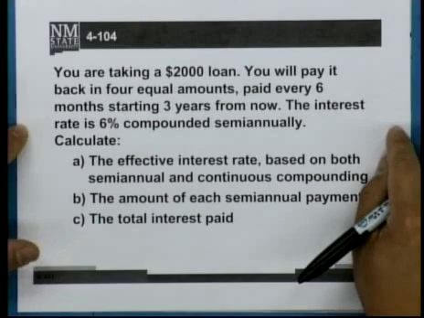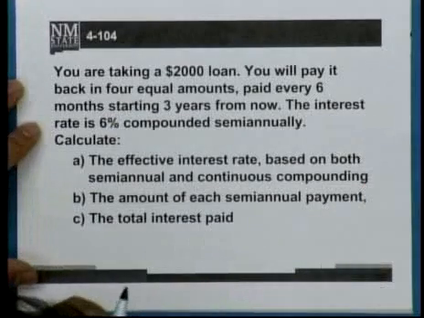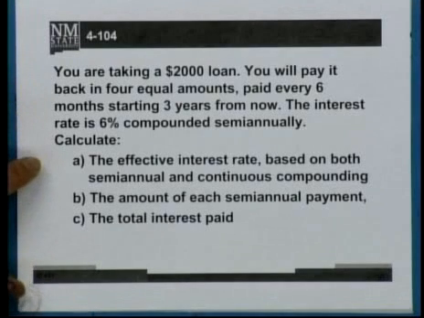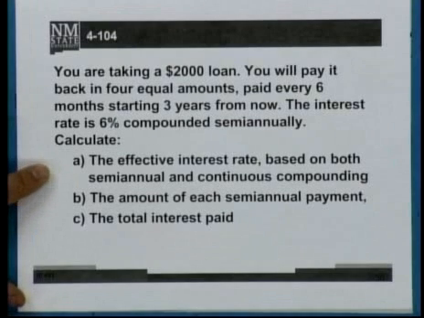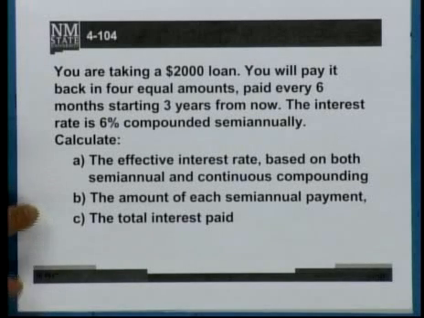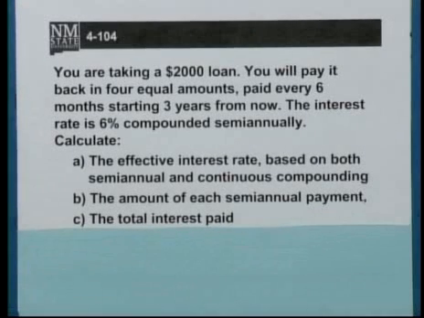And the interest rate is 6% compounded semi-annually. And you are required to calculate the effective interest rate based on both semi-annual and continuous compounding, and the amount of each semi-annual payment and the total interest paid. Okay, so let's work on the part A first.